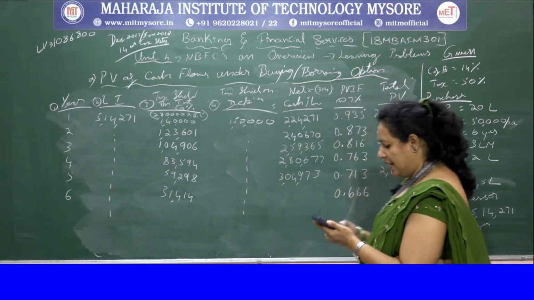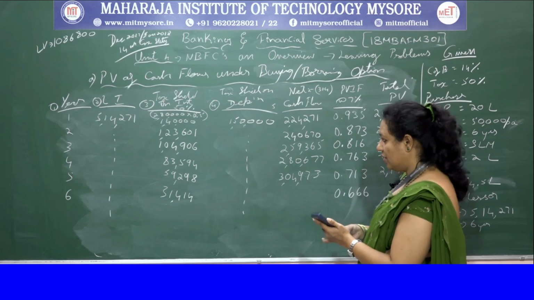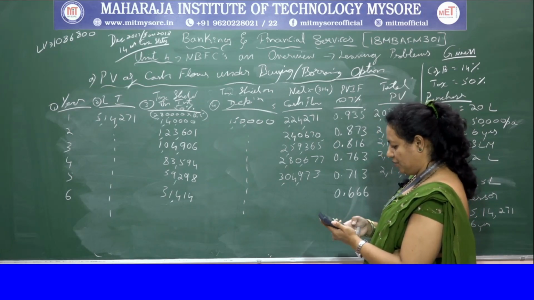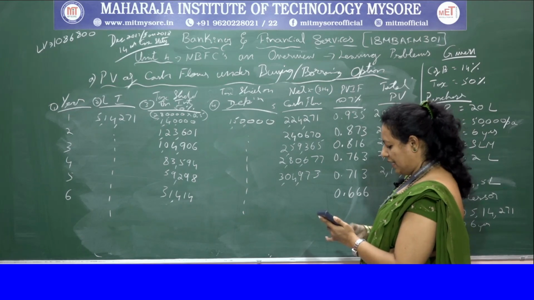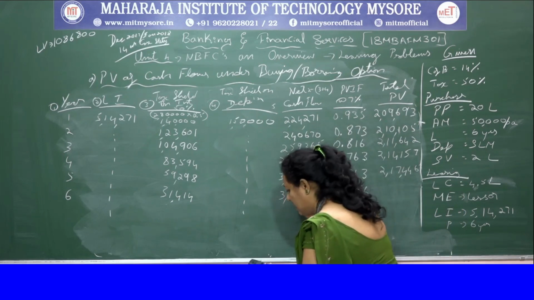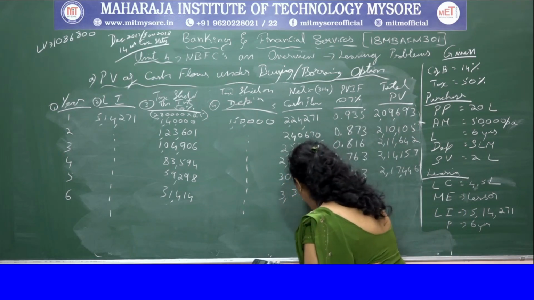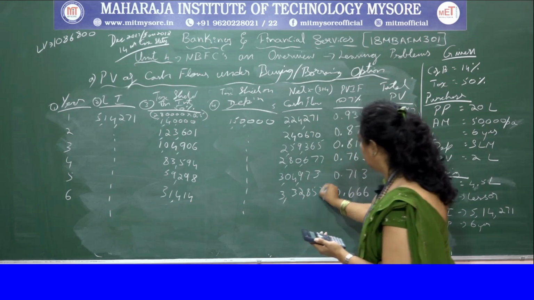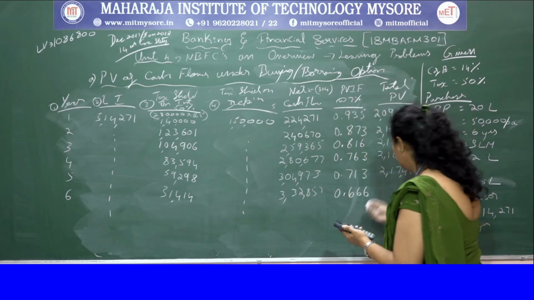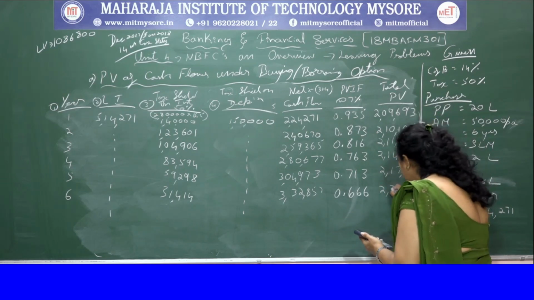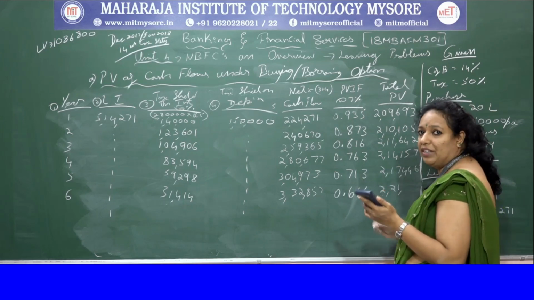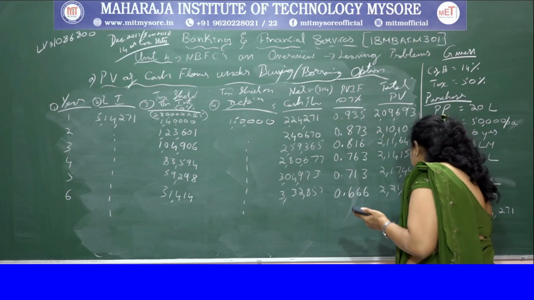Okay, next I have the last year, which is 31,414 plus 1,50,000 minus 5,14,271. I get 3,32,857 into 0.666. You get 2,21,683.